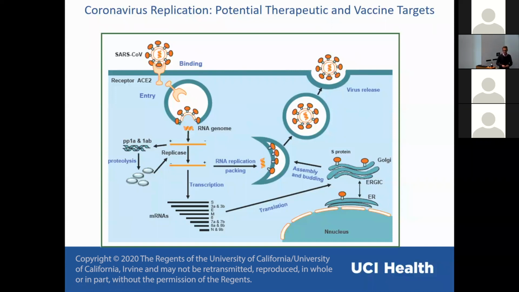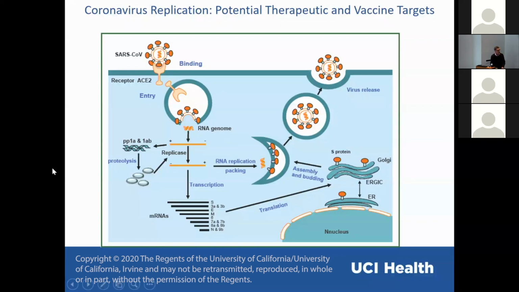This polyprotein then has to be chopped up into multiple small, what we call non-structural proteins that play a major role in subsequent steps in viral replication. In particular, they're involved in replication of the viral genome. They're involved also in tamping down immune response, the host defense to this virus.